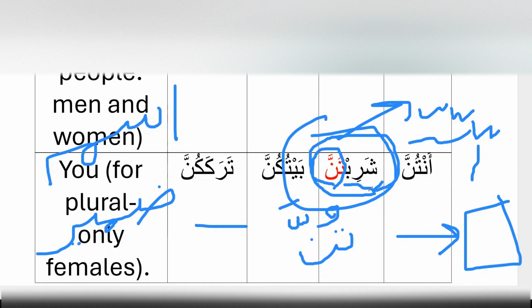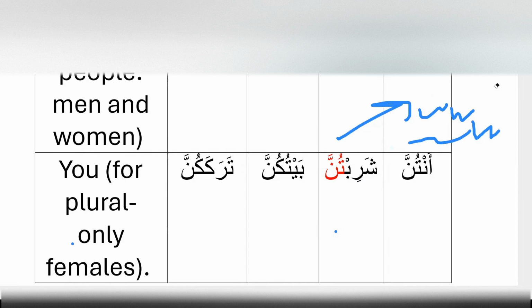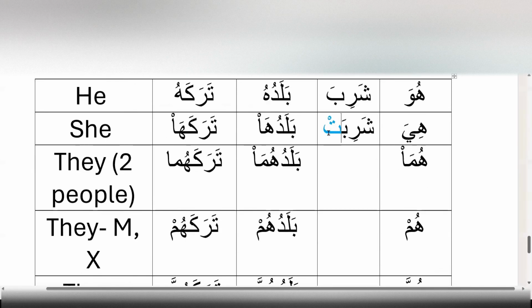Okay. So this one is indicating people, and same everywhere. But below, when I say sharibat, this T is not indicating the girl. It's only a mark for feminine.